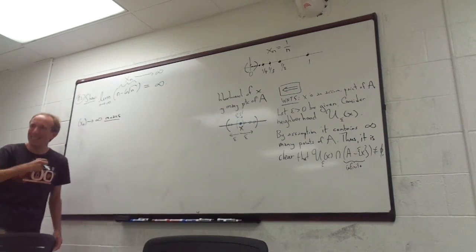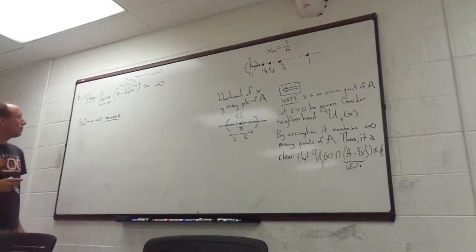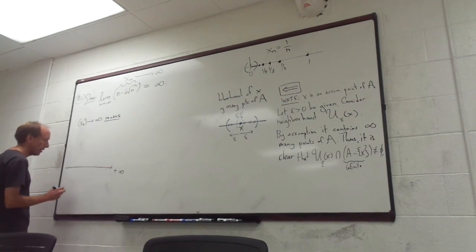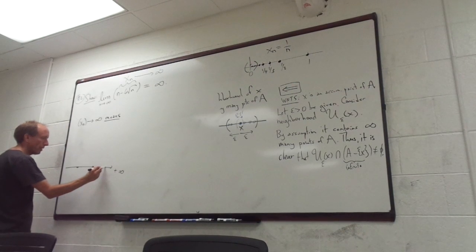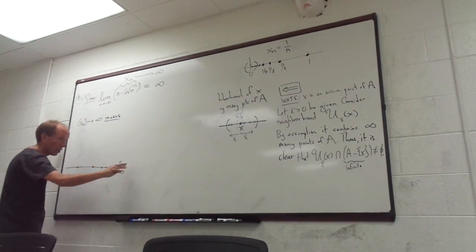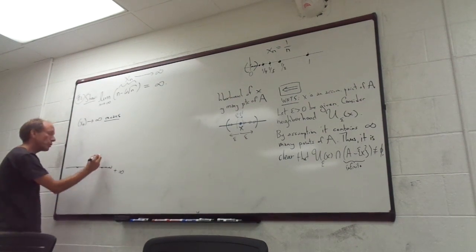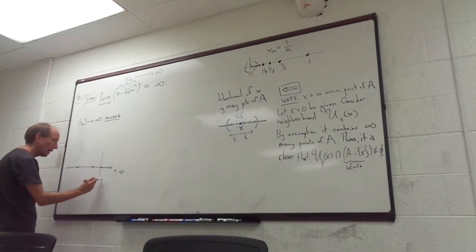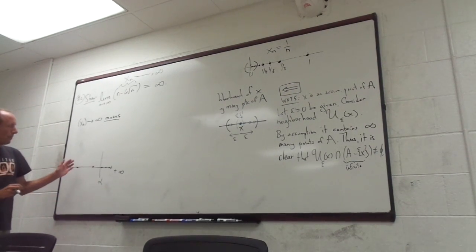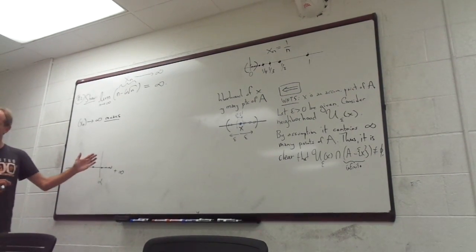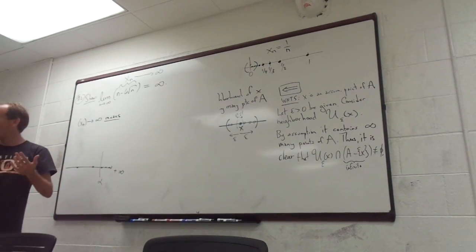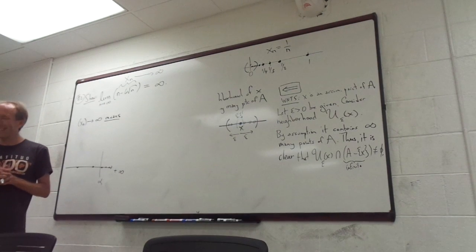It's good to put it on a flashcard. Here's my number line, with plus infinity over here. The sequence converging to infinity means the terms go arbitrarily far to the right, which means that if I give you any alpha value, the sequence eventually passes to the right of alpha and stays to the right of alpha forever. That's what it should mean.